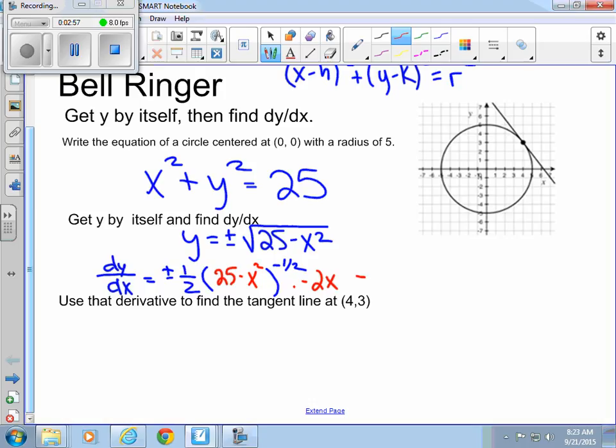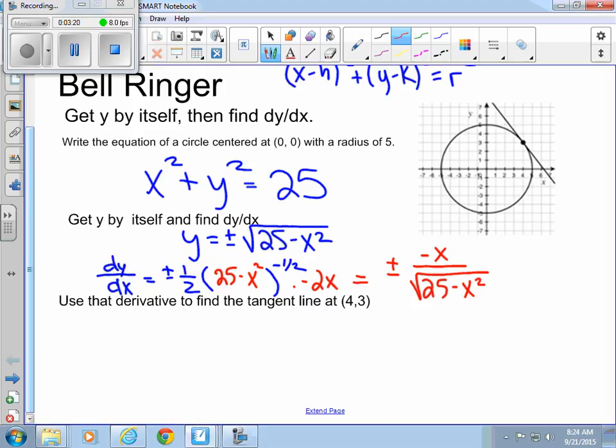You could leave it like that, but just a little simplification. The 2 and the 1/2 will cancel. So we can just get plus or minus negative x over the square root. And you could even technically leave off the negative x if you wanted to, because the plus or minus is going to get it either way.